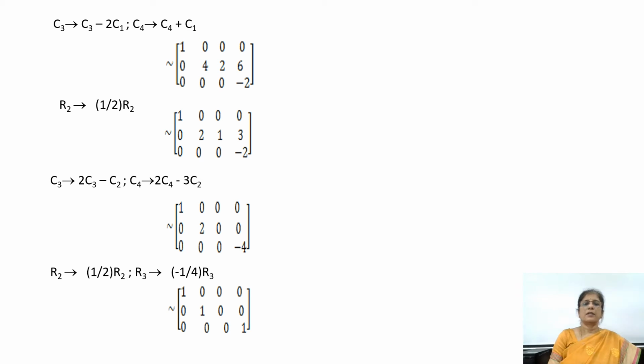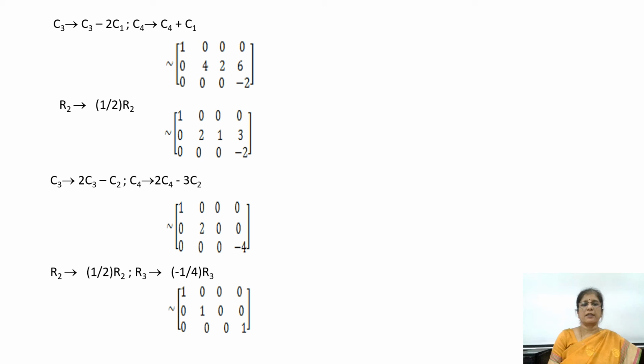And now by using the column 2 element, we can make the column 3 and column 4 elements in the second row 0. The operation is C3 changes to 2C3 minus C2 and C4 changes to 2C4 minus 3C2. That is 1, 0, 0, 0, 0, 2, 0, 0, 0, 0, 0, minus 4.